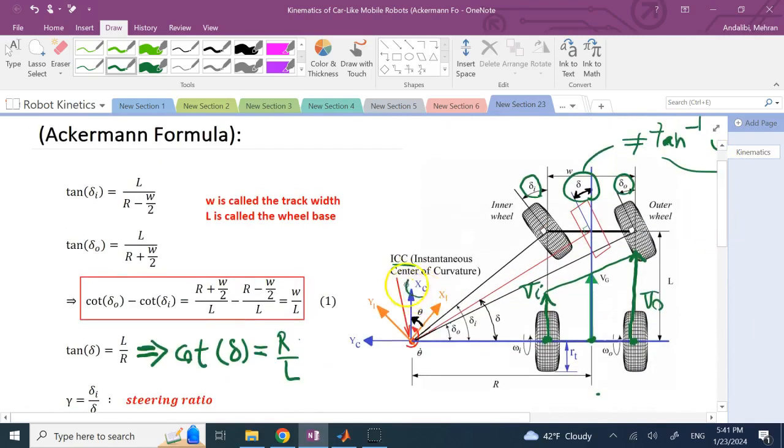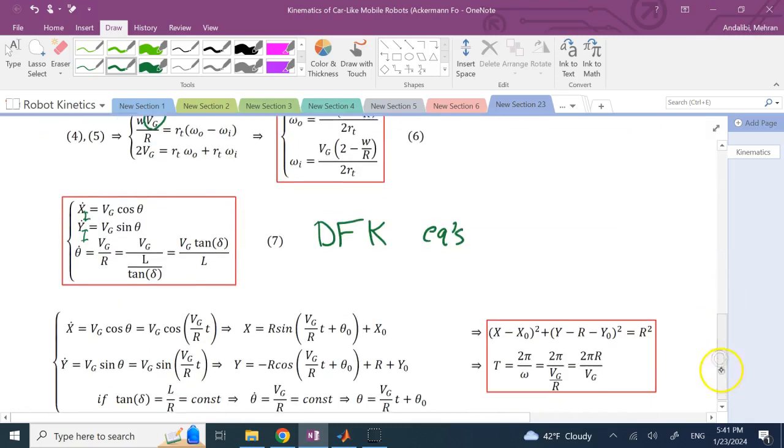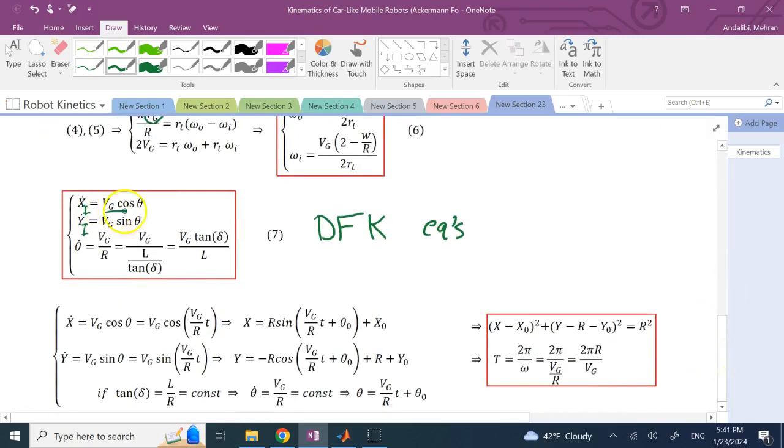Along XC, but your XC has an angle of theta with respect to XI and 90 minus theta with YI. So this V, if you decompose it along XI and YI, the cosine component will be along XI, the sine component will be along YI, and that is exactly what these two formulas are.